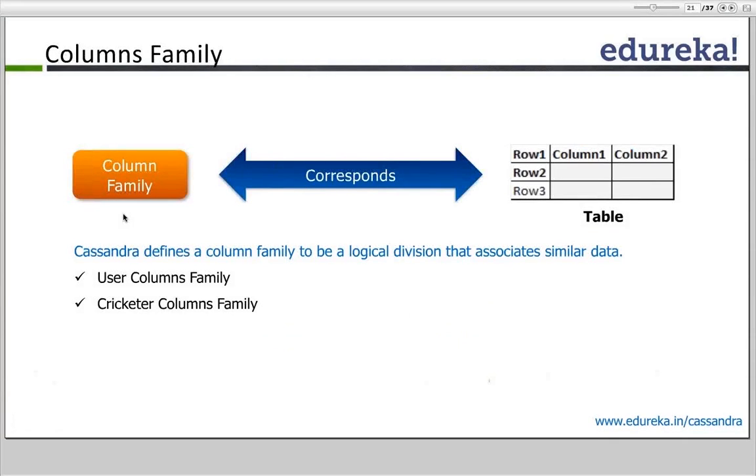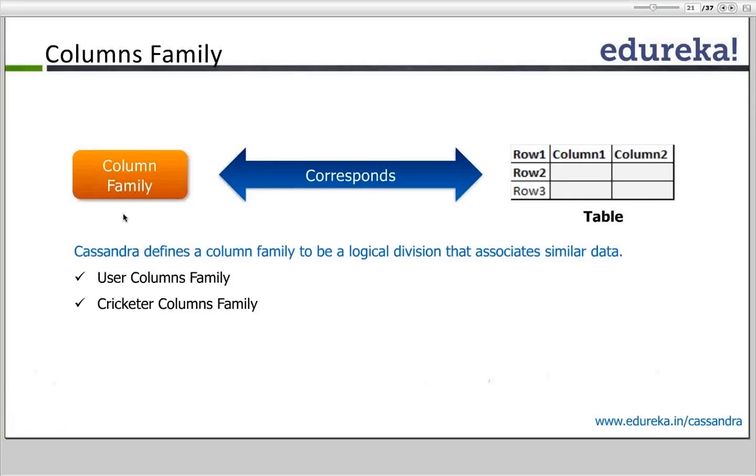So now, column family. What is a column family? A column family is basically a logical division which associates similar data. You want to group all columns associated with something similar. It's not a relation in a sense, but you're always talking about something similar, which you want to retrieve as a set, or work with as a set of information as far as your application is concerned.